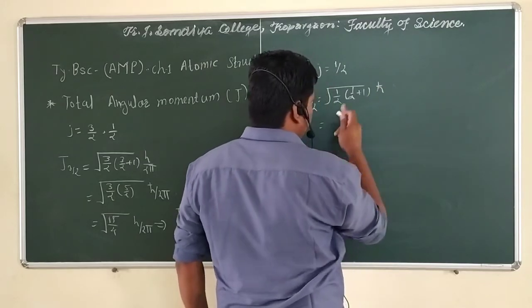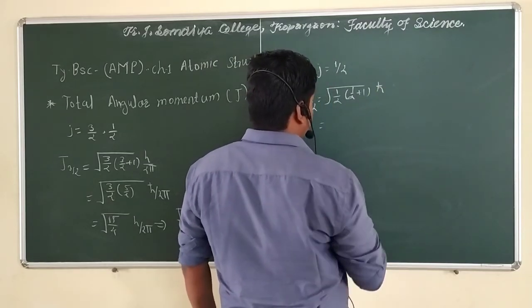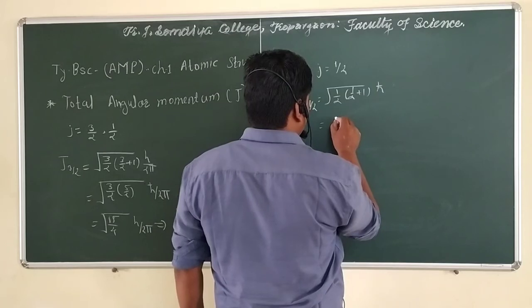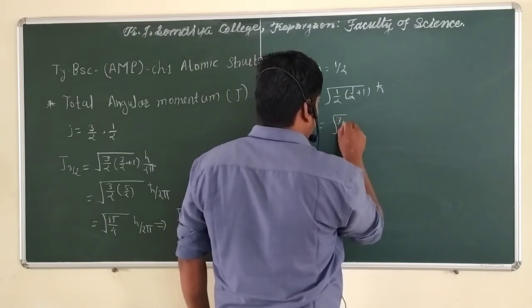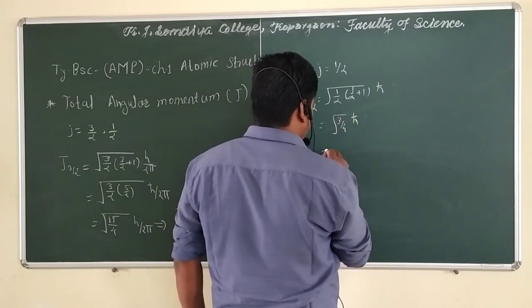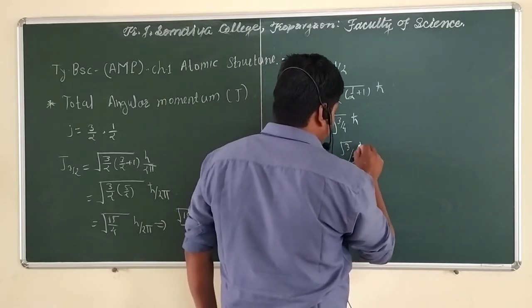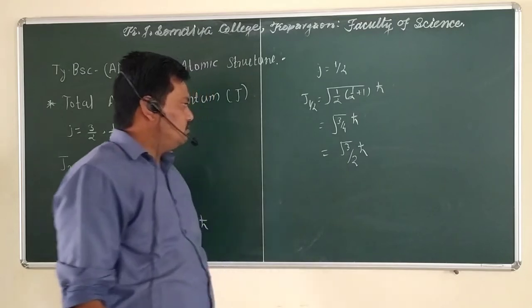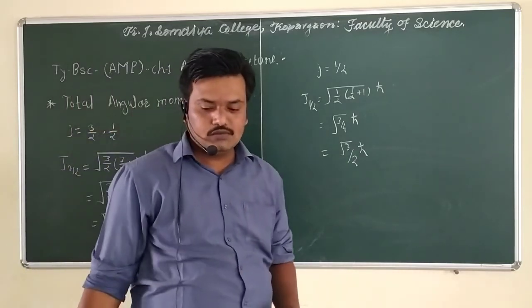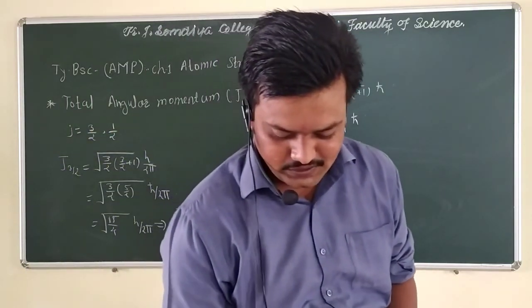That is 3 by 2 into 1 by 2, so under root of 3 by 4 h cross, which is under root of 3 divided by 2 h bar. So that is the total angular momentum with the corresponding j value.